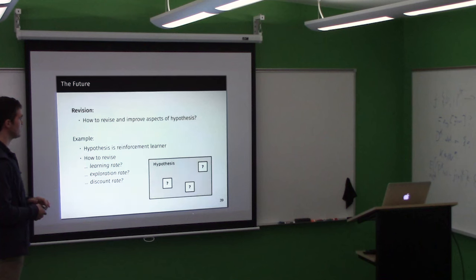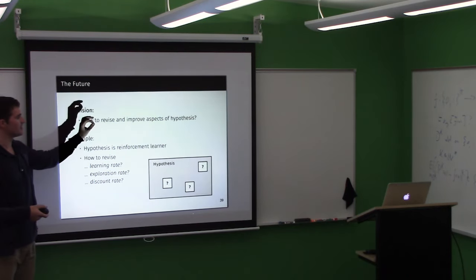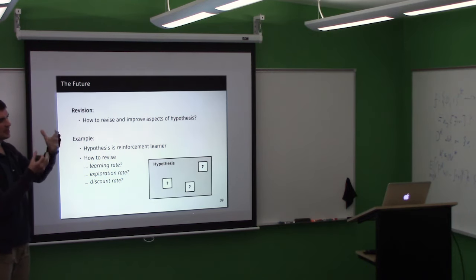Something else that's really interesting, and something that I'm involved in currently as well, is revision. The question is, how should you revise and improve aspects of your hypothesis? So rather than generating new hypotheses from scratch, you already have something to begin with, and you want to revise certain bits and pieces based on what you see.